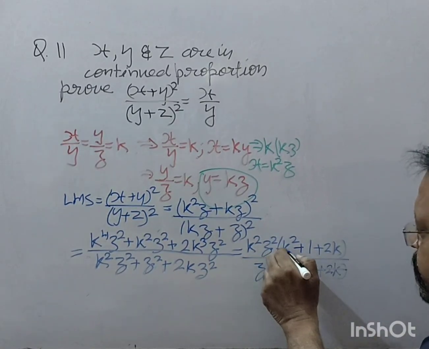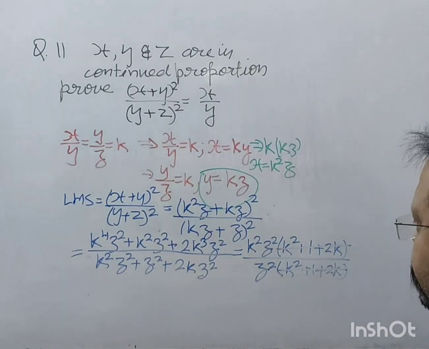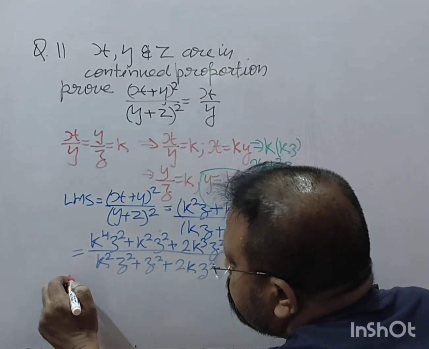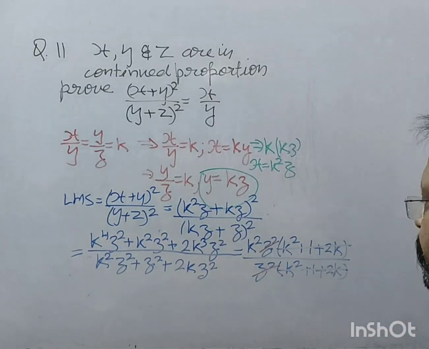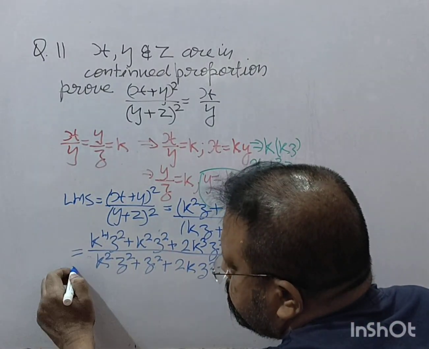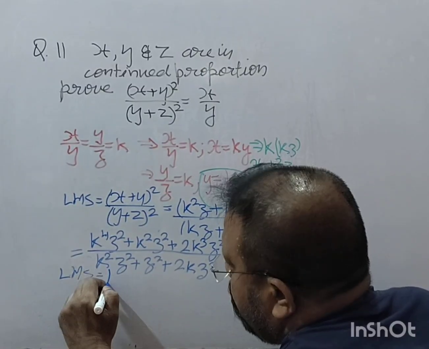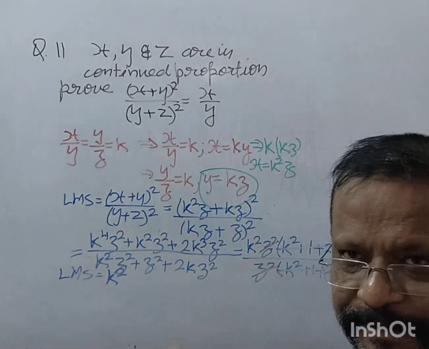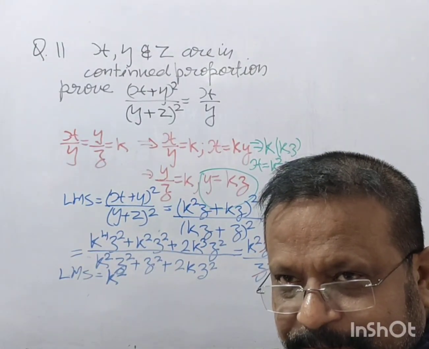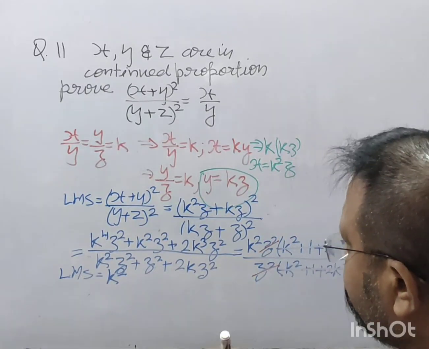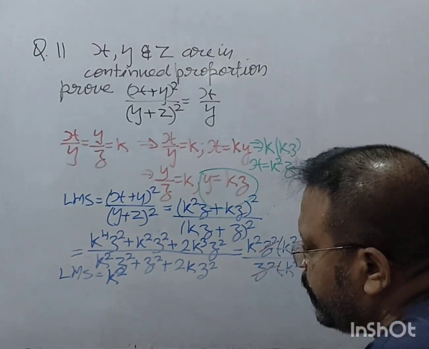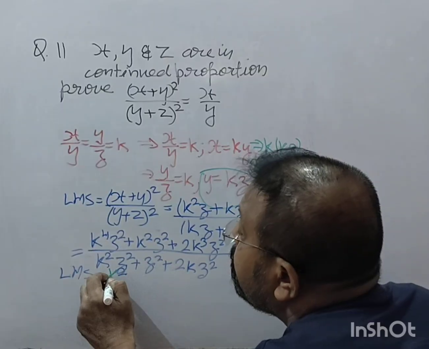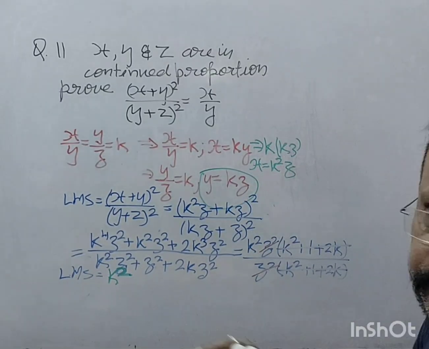So now this is cancelled out by this, and z square is gone with z square. So LHS is equal to k square.